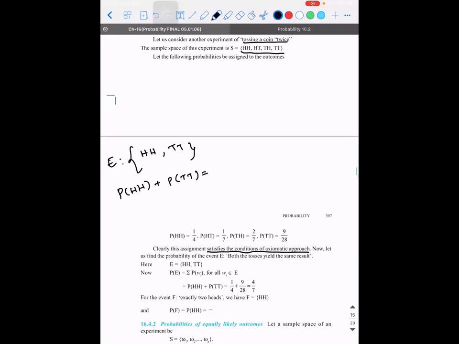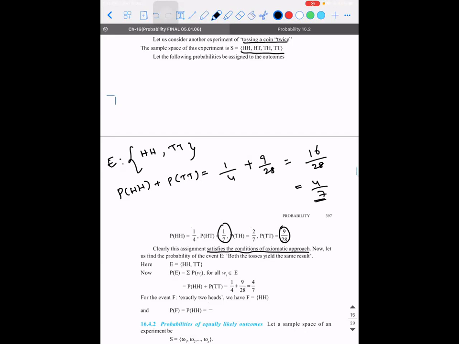What is the answer for this, guys? 1 by 4 plus 9 by 28. That is 7 plus 9, which is 16 divided by 28. If you reduce it, it will be 8 by 14 or 4 by 7.